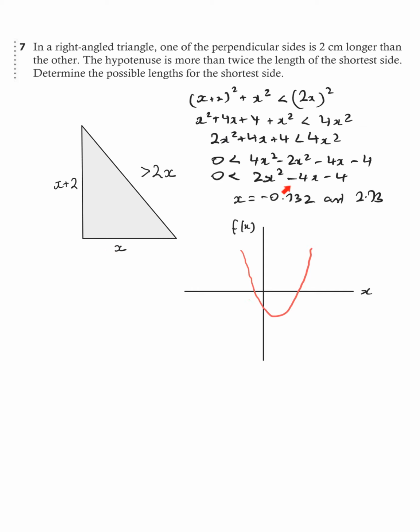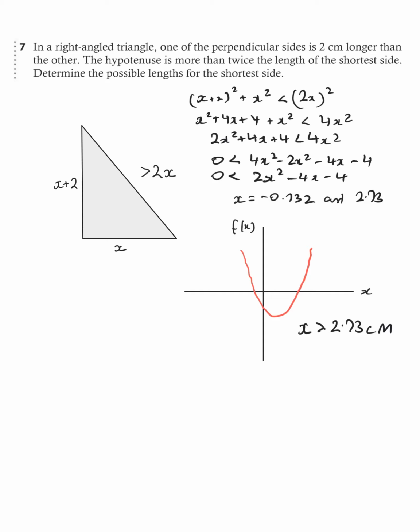So we're ignoring that, and we're just looking at quadrant 1 and quadrant 4. So where the function is greater than 0, it's from this point onwards. So the solution is x has to be greater than 2.73 centimeters.